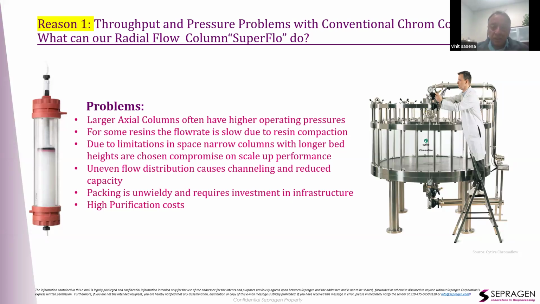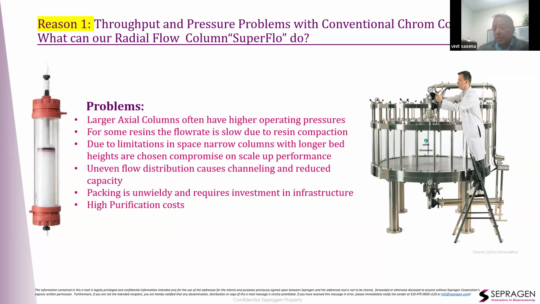So for traditional separations like size exclusion, yeah, you need bed height, you need your traditional resolution given by the Van Deemter plot, but not for ion exchange or affinity. It's strictly residence time dependent. And then, of course, you have some resins which are soft. So if you pack them in large columns, then you try to run fast, you have resin or bed compaction.